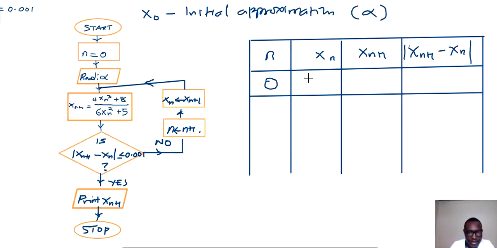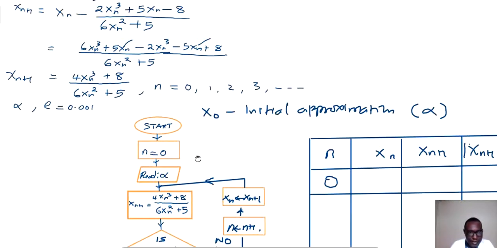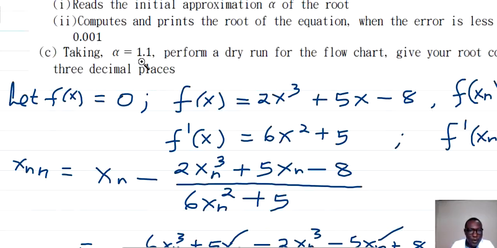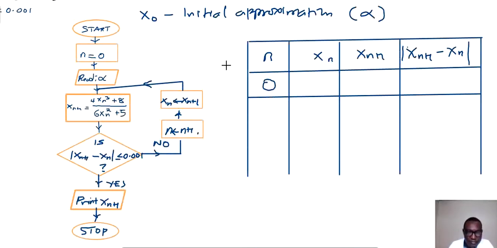So we shall have to read the value of alpha, and from the question, alpha is equal to 1.1. So our initial value alpha is equal to x0, which is equal to 1.1. So we read it and we put it here, 1.1.